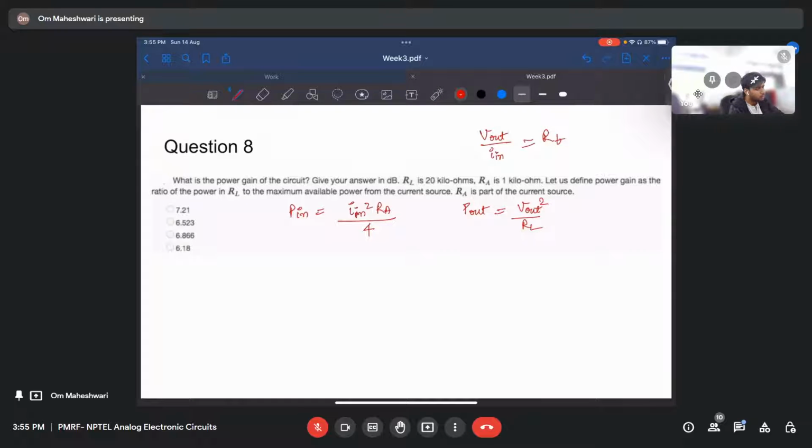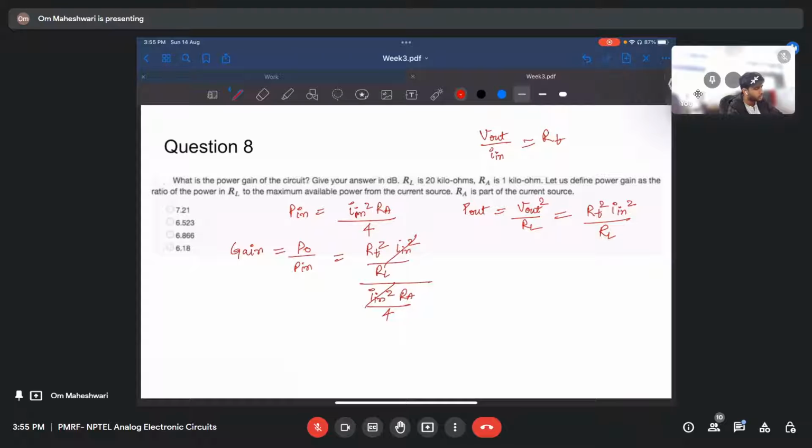So P out equals RT square I in square by RL. Now gain equals P out by P in, which equals RT square I in square by RL, divided by I in square RA by 4.